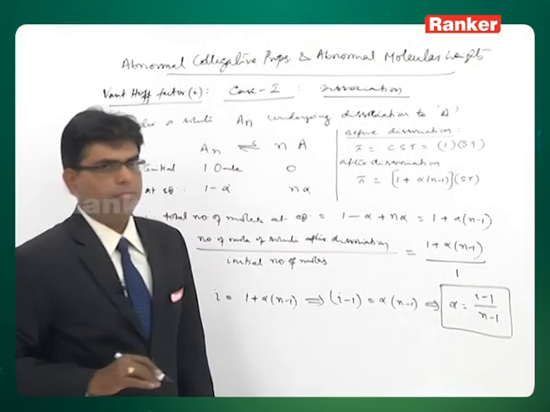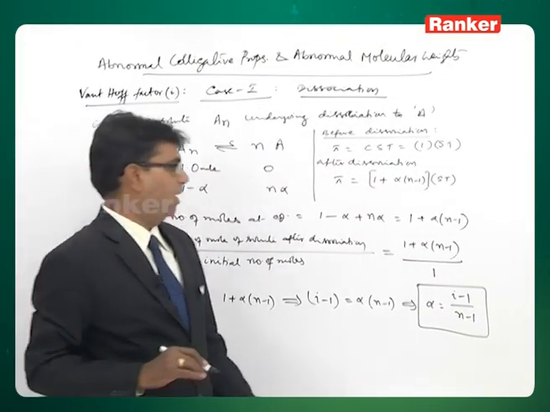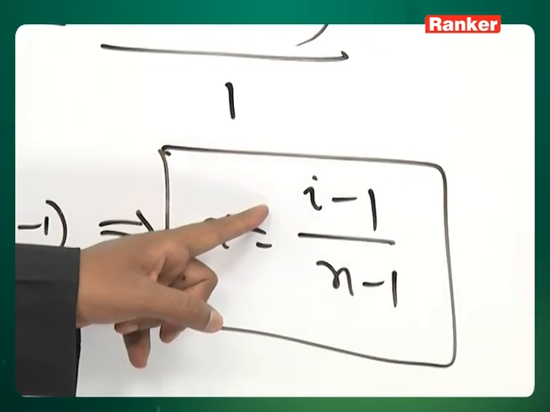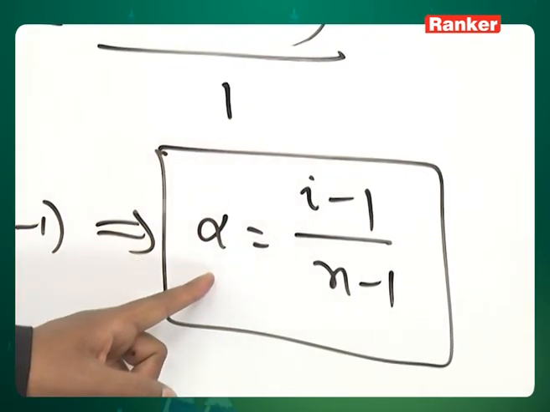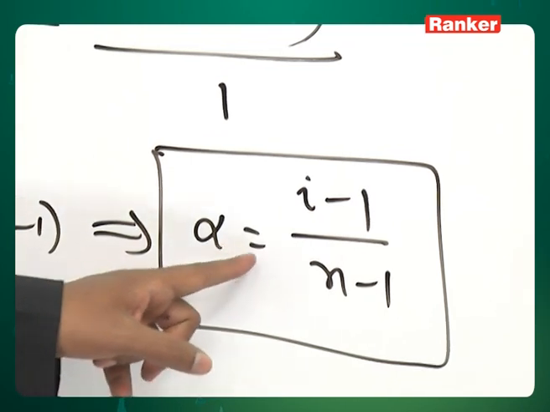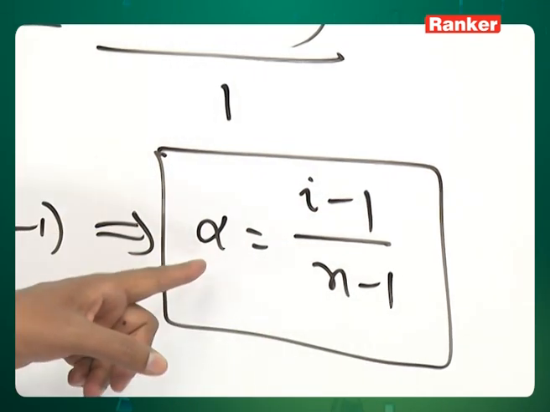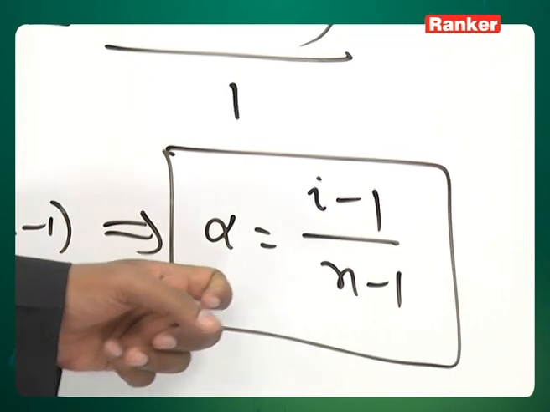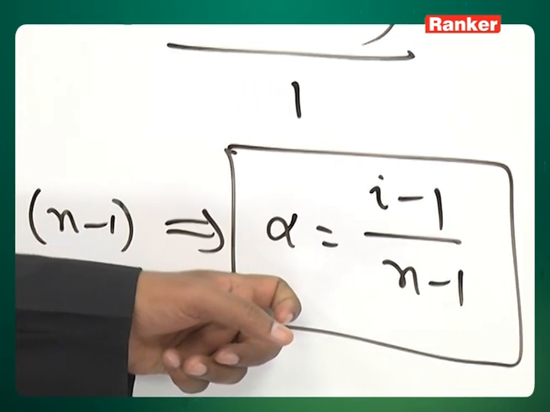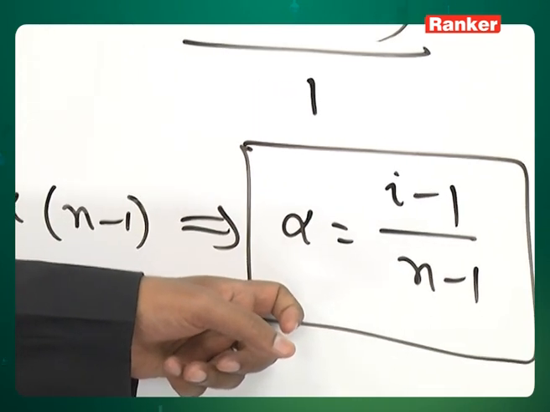This is the relation for alpha and i. If you are given i, what you can determine is the degree of dissociation of that solute. Alpha is equal to (i minus 1) by (n minus 1). Using this colligative property, you are able to determine alpha.